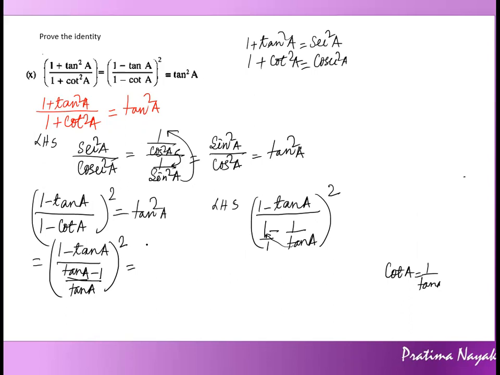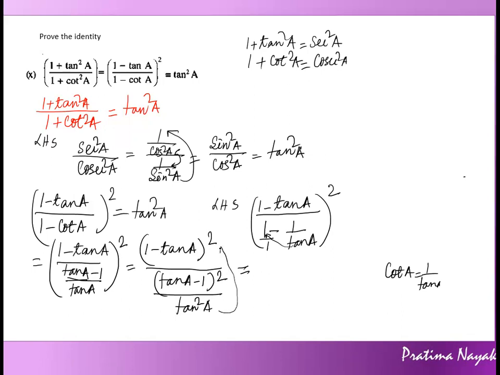That means this is (1 minus tan A) whole square, and here it will be (tan A minus 1) whole square by tan square A, because square of tan A is tan square A. Now tan square A is the denominator of the denominator, so it will go to the numerator, tan square A.